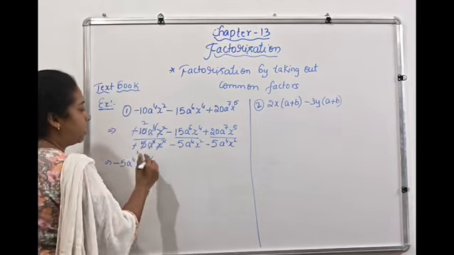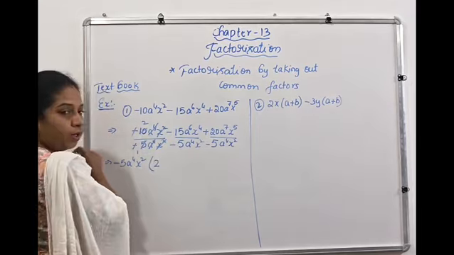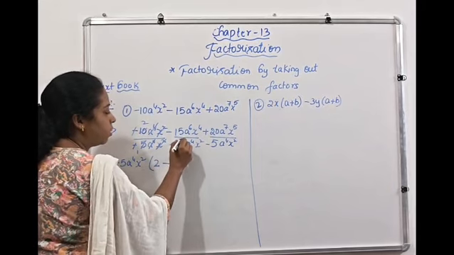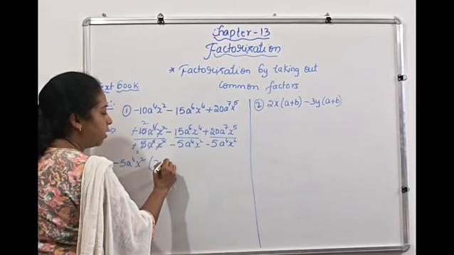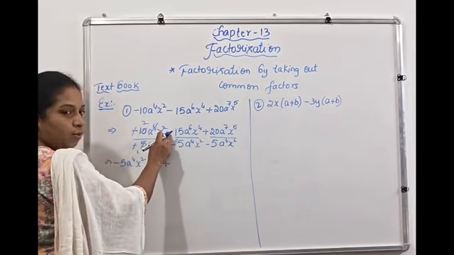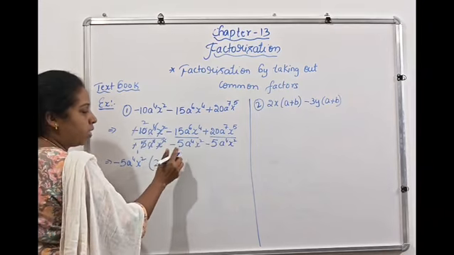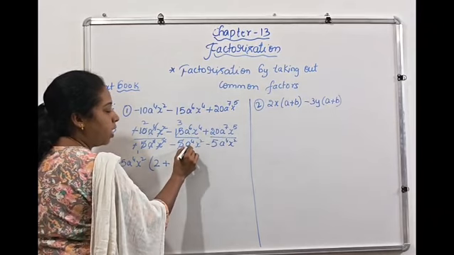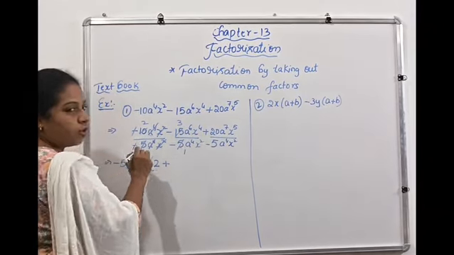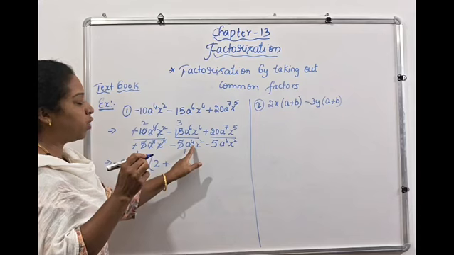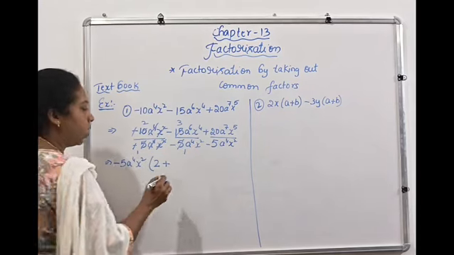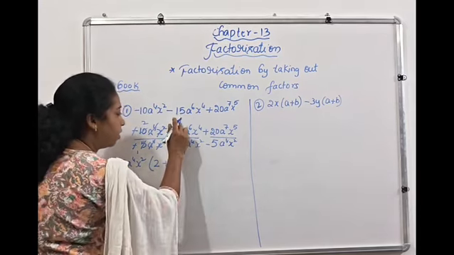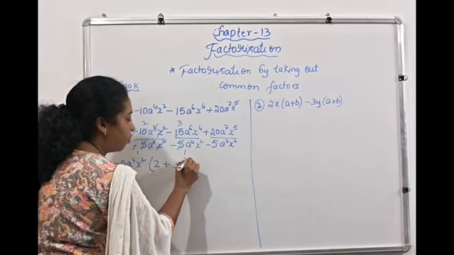Remaining is 2 here. Then minus into minus is plus. Here also minus, minus into minus, plus. So 5 threes are 15, a to the power of 6 minus 4 is 3a^2.